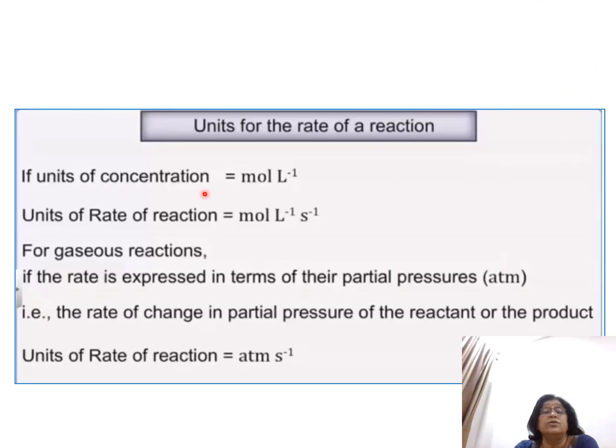So, unit of concentration is moles per liter. Unit of rate of reaction is moles per liter per second. For gaseous reaction, if the rate is expressed in terms of partial pressure, that is atmospheres, the rate of change in partial pressure of the reactant or the product, the unit of rate of reaction is atmospheres per second. Clear?